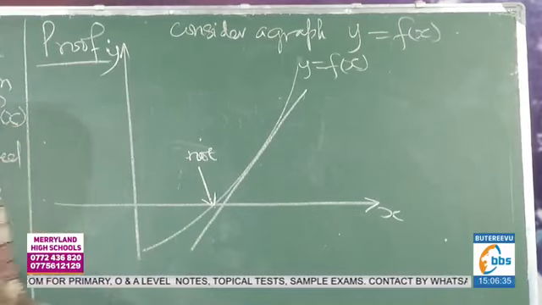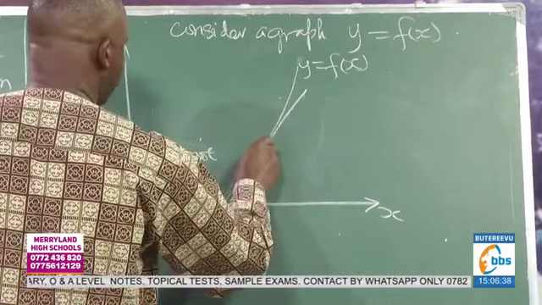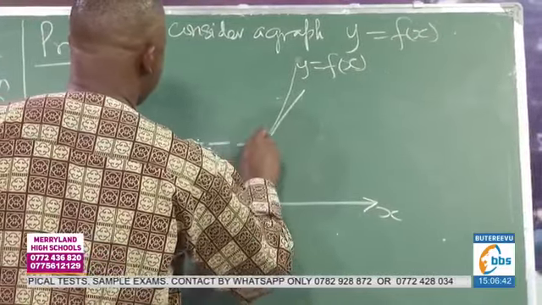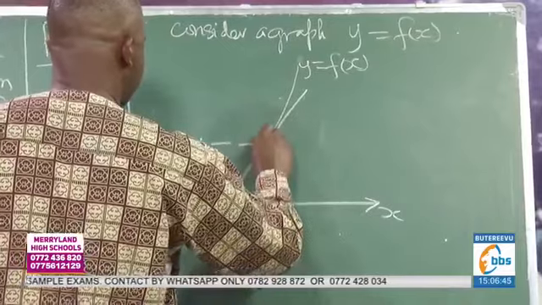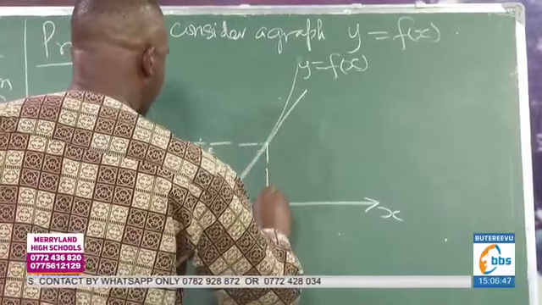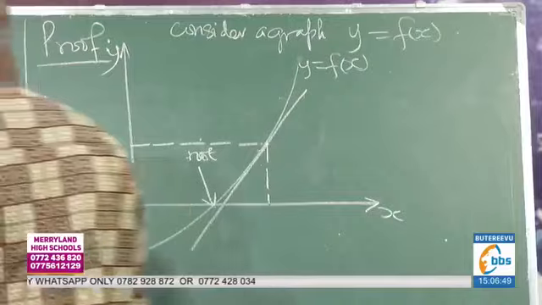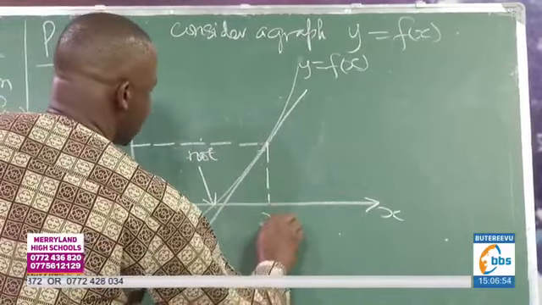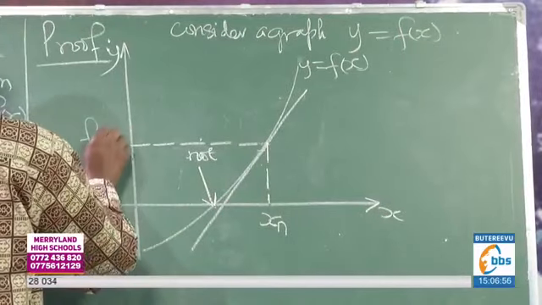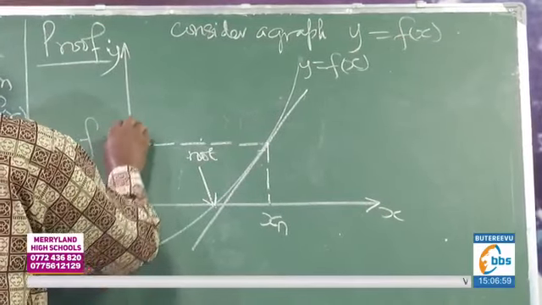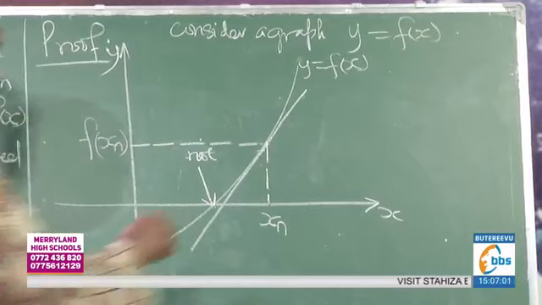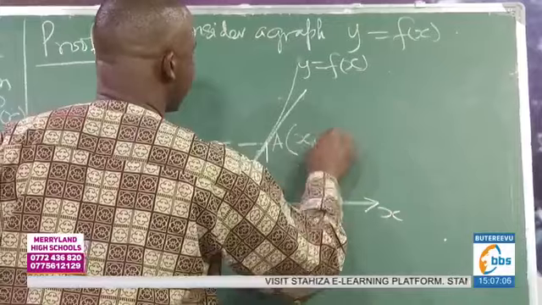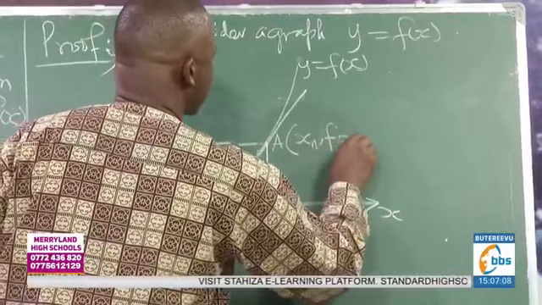If I consider this as a tangent and I take the point of interest to be here, I can extrapolate this to take my tangent here, and I will consider this coordinate to have, at xn, which is the first approximation, the function corresponding will be this. And therefore, if I call this point A, it has coordinates of xn, f of xn.